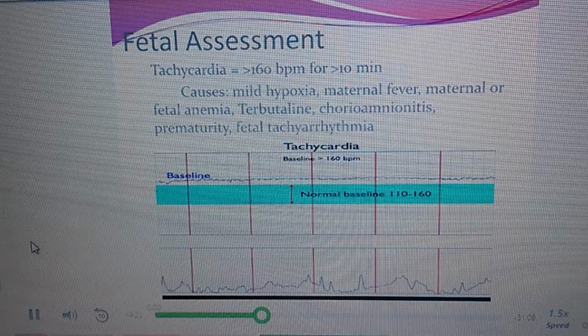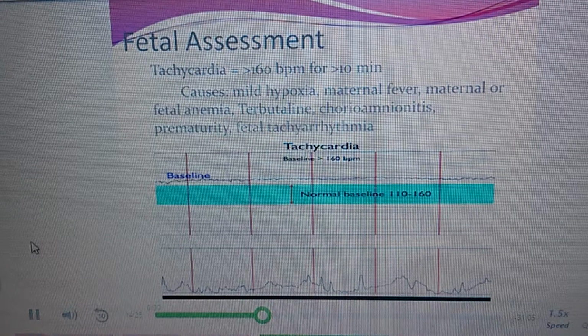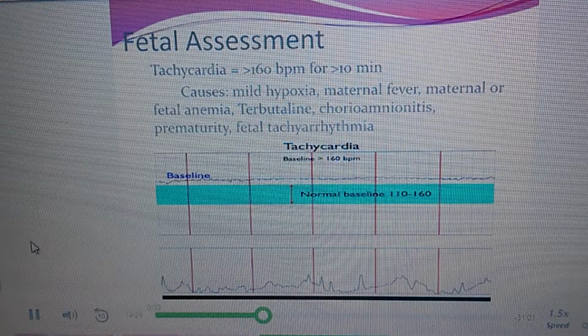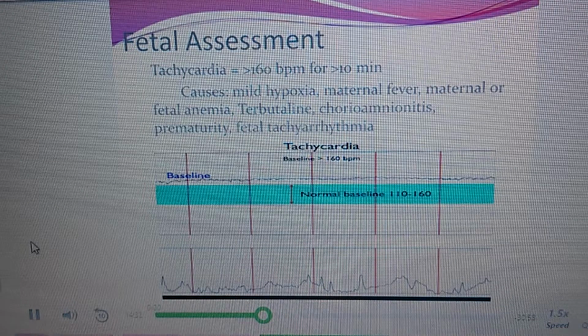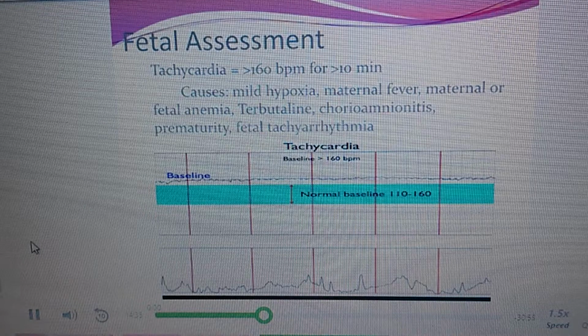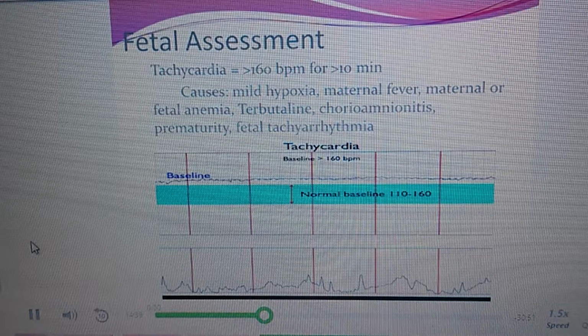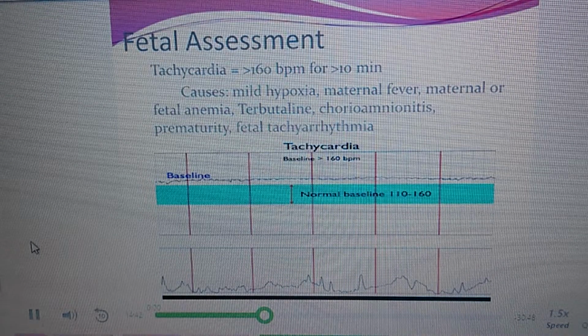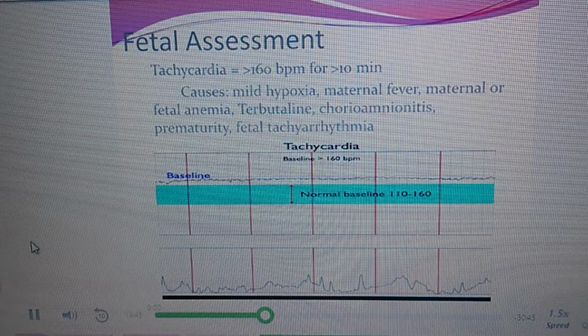We talked about a baseline of 110 to 160 being our normal baseline for a baby in utero, and anything above that, let's look at tachycardia. Anything above 160 is considered tachycardia. There are many causes of a baby's heart rate being greater than normal.